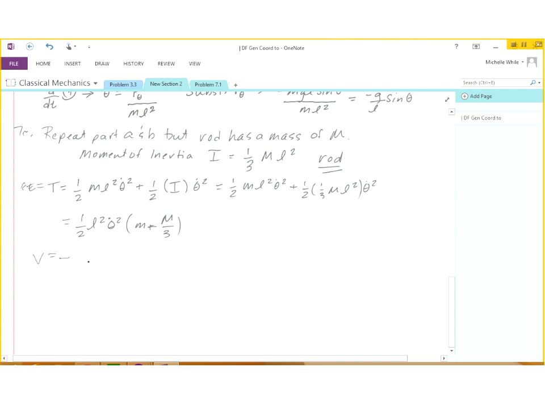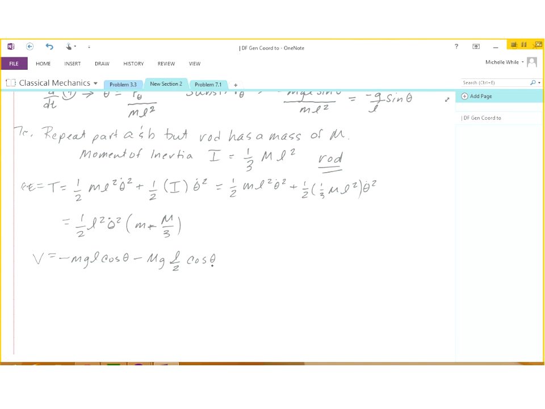And now we go to the potential energy. Of course, this time we have to consider the fact that we have a rod with mass m. Here's another little tricky thing. I assume that the mass is distributed evenly across the rod. It's not heavier on one end than the other, except for the mass that we're already accounting for, of course.